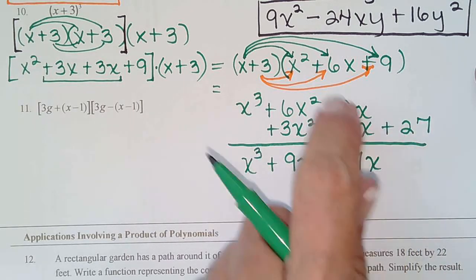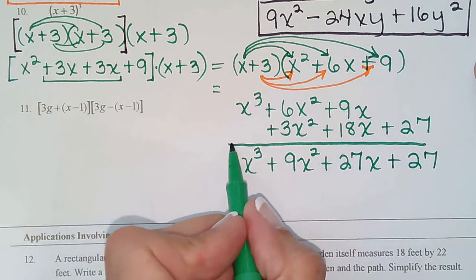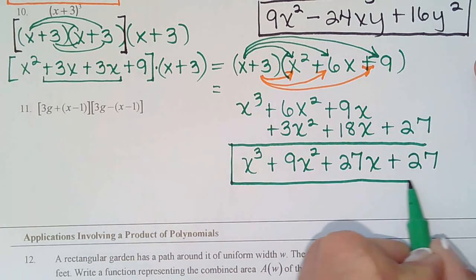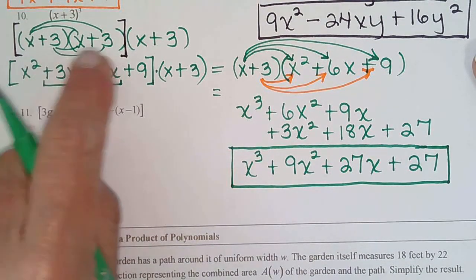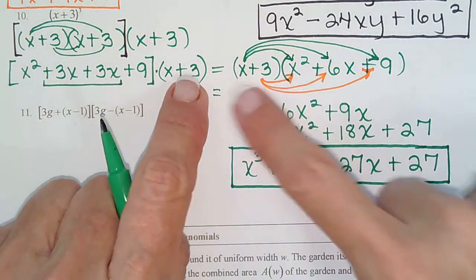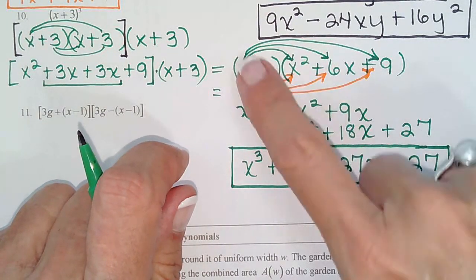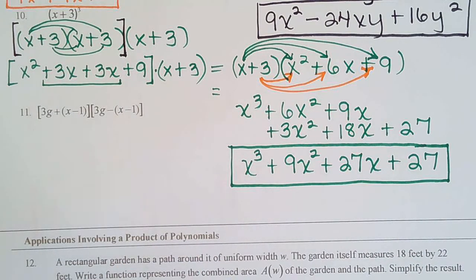And remember, don't touch your exponents in addition or subtraction. Plus 27. And that will be the answer. Okay, so you do 2 at a time, FOIL, simplify your FOIL, and then distribute that third one to your answer for your final answer.